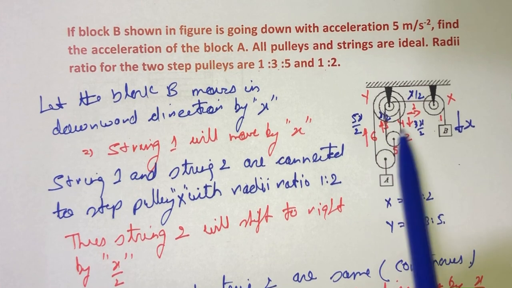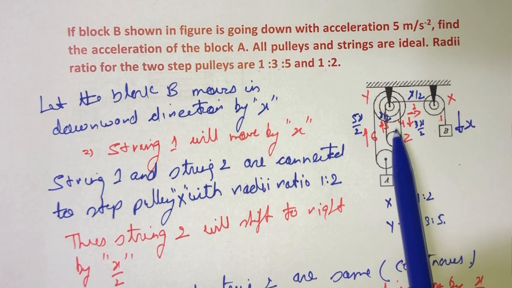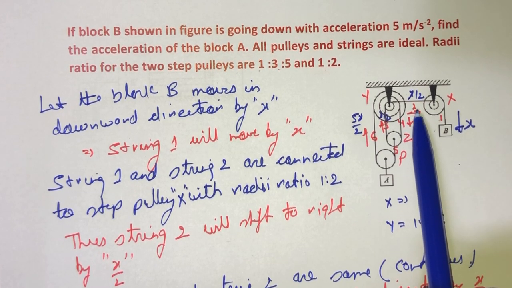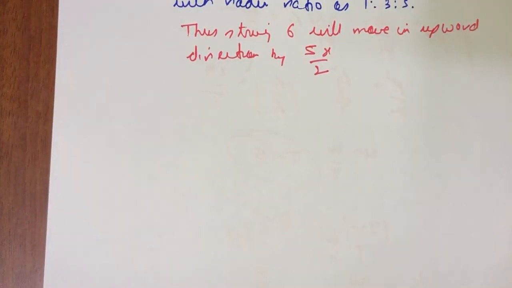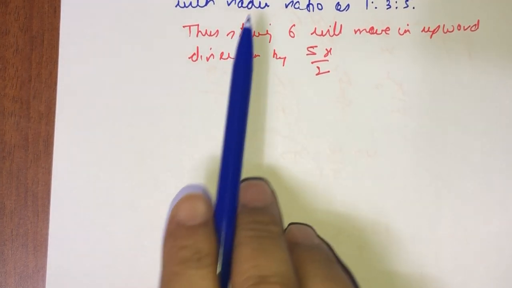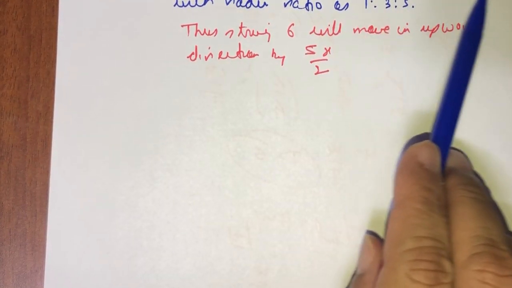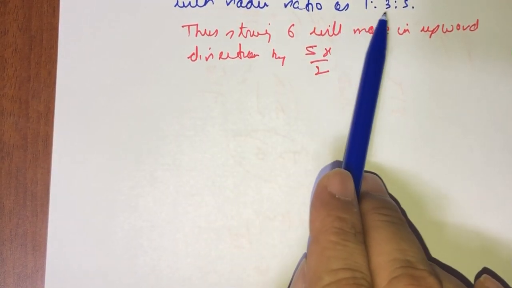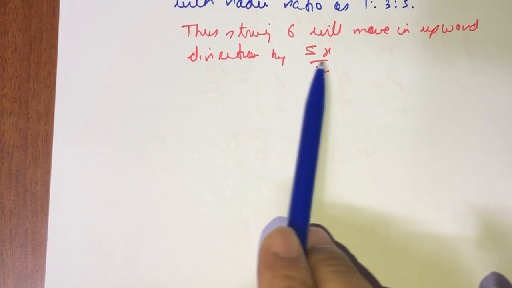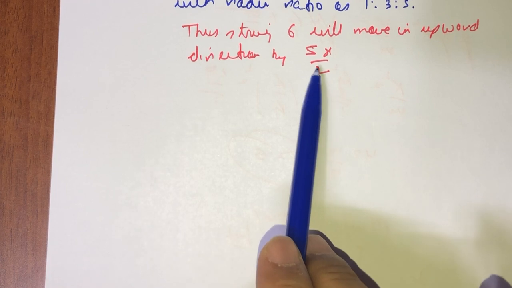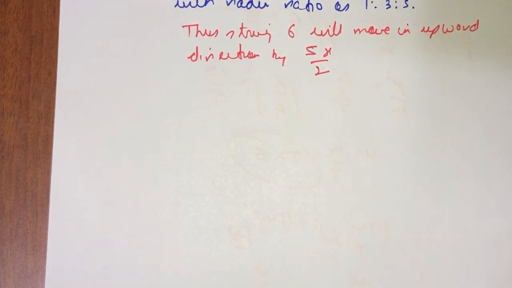So 4 and 6 are both dependent upon the movement of string number 2. The string 6 will move in upward direction by 5x/2.